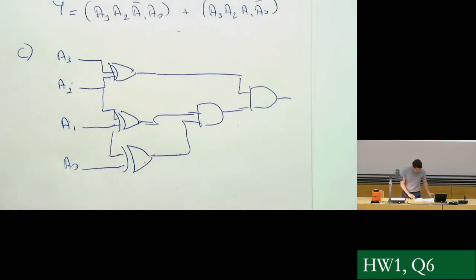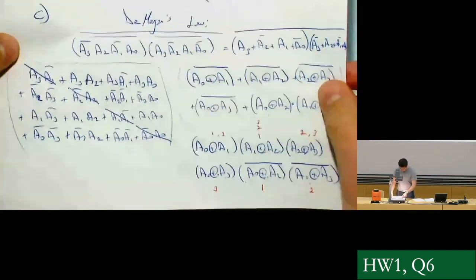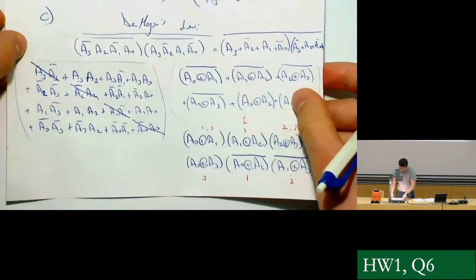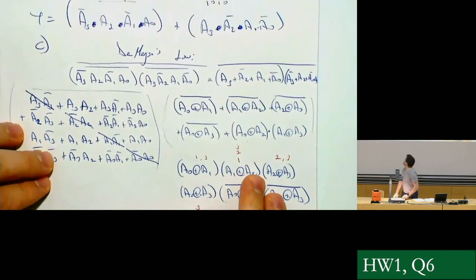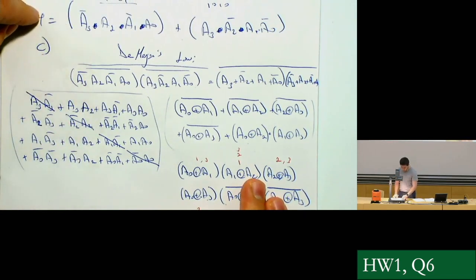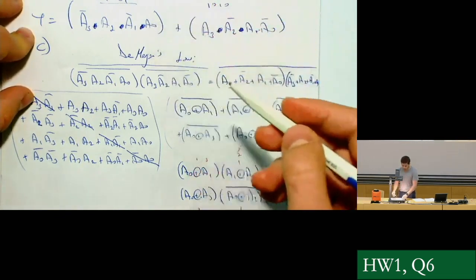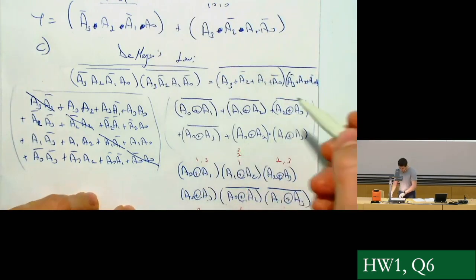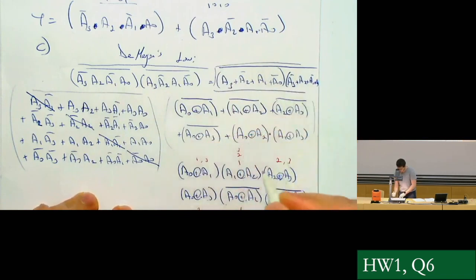So if you need to prove that this is actually correct, I have something written here. What you need to do is basically, you need to write y in a Boolean equation and also take the De Morgan, right? And when you take the De Morgan, you will have something like this.